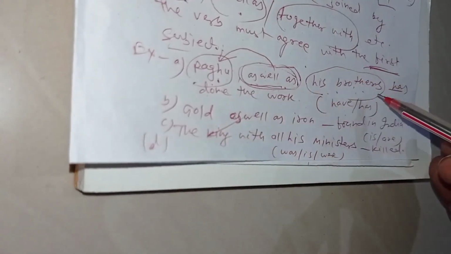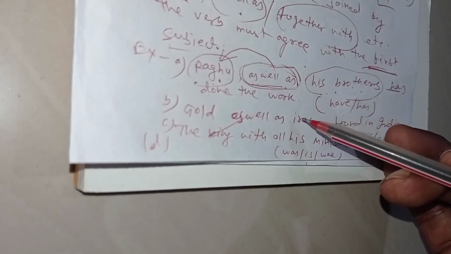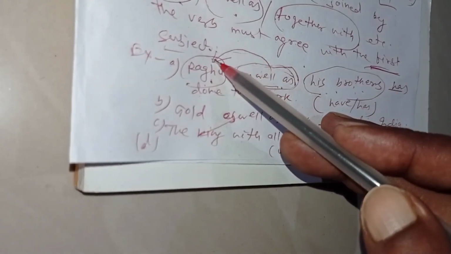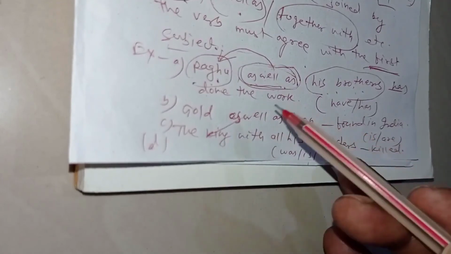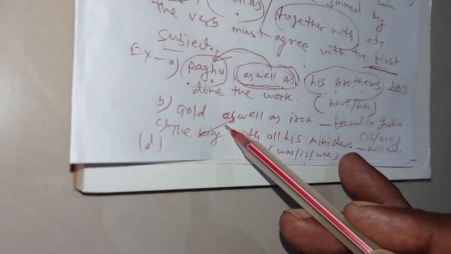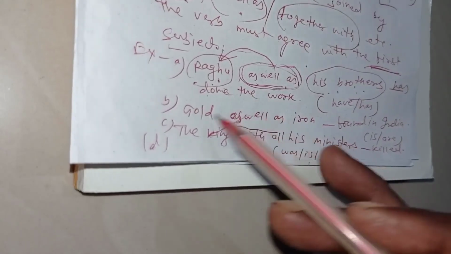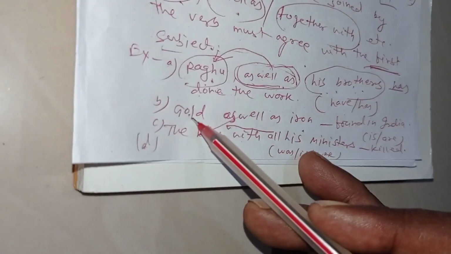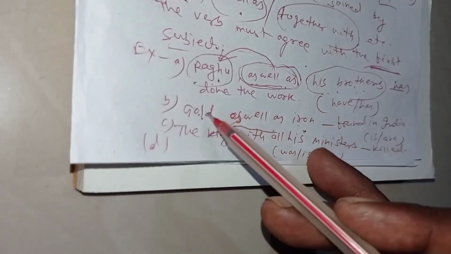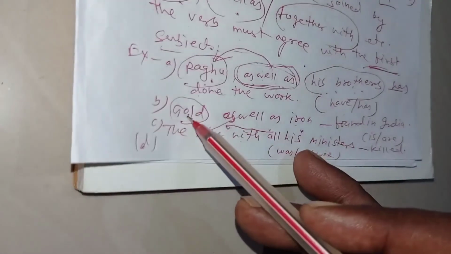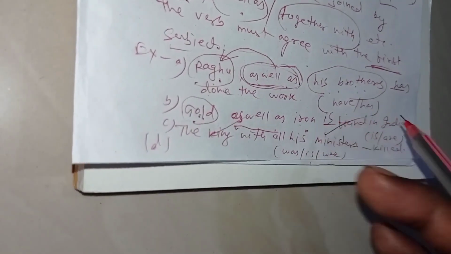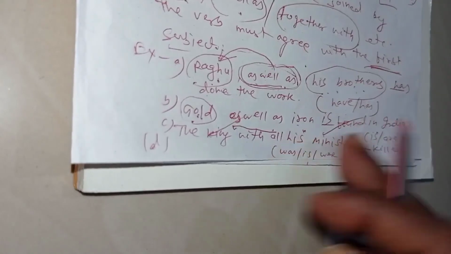Raghu as well as his brothers has done the work, because the verb must follow the first subject. Second, like this: gold as well as iron. Here is also the conjunction as well as, and the two nouns are iron and gold. When they are connected by as well as, the verb must follow gold. So after gold you have to use is, not are. Gold as well as iron is found in India.